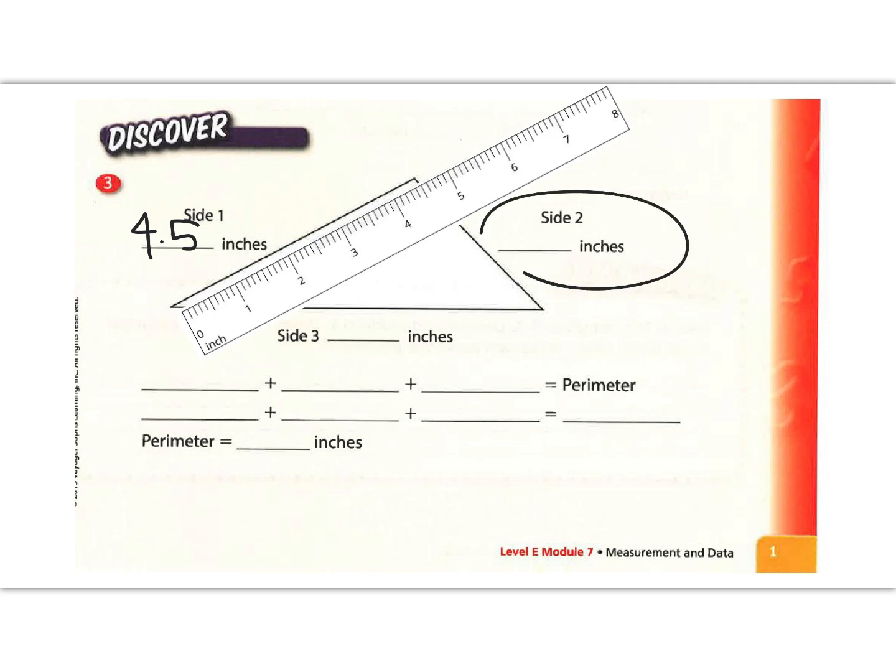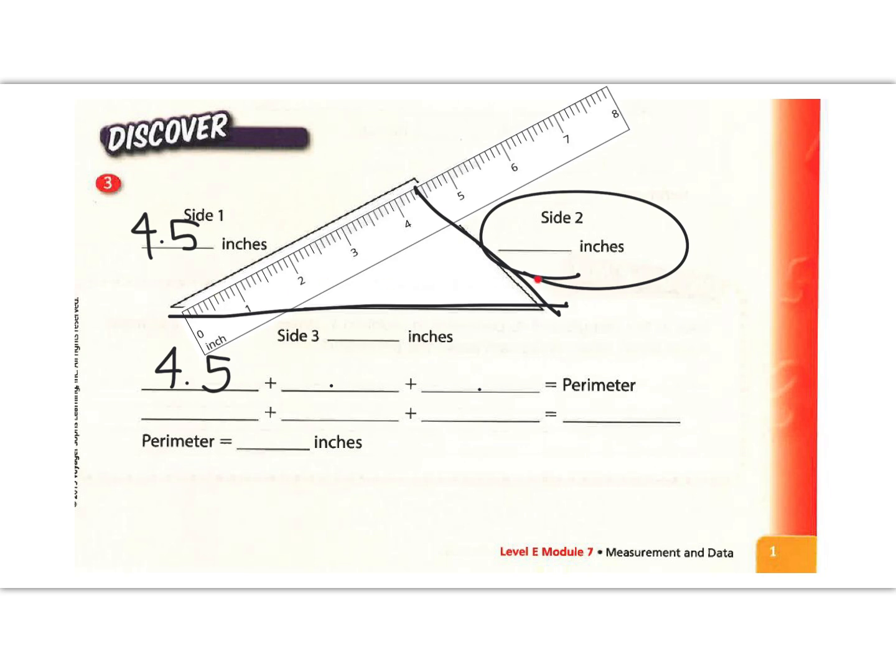Then you would measure side 2, which is from here to here, and then you would measure side 3, which is down at the bottom, and then you would write them all out. I only measured side 1 for you, so you have to do 2 and 3. When you add them all together, that is the perimeter.